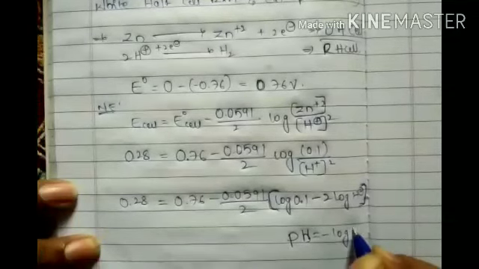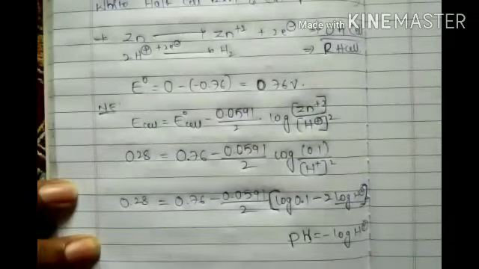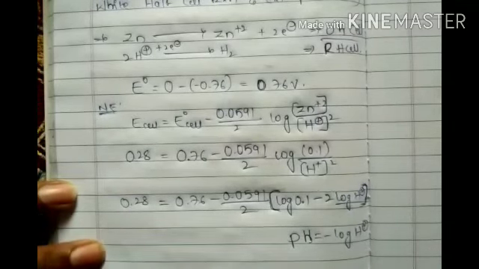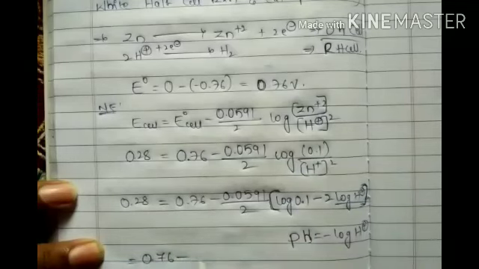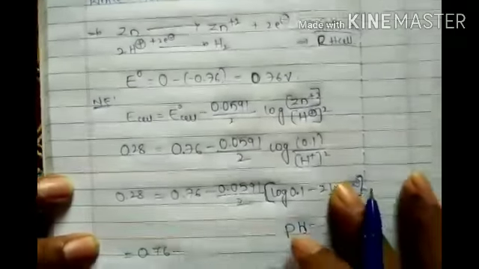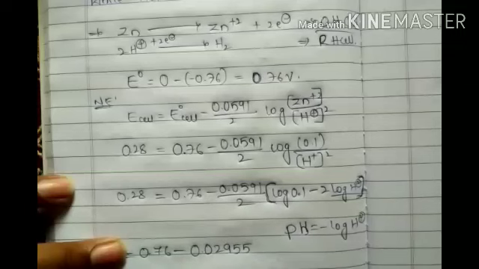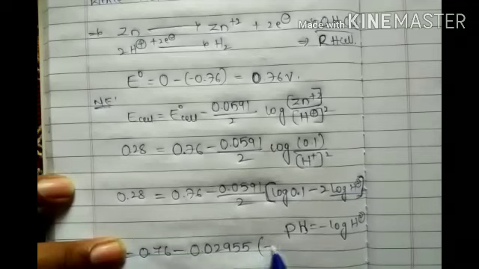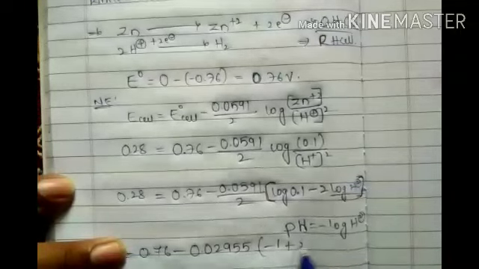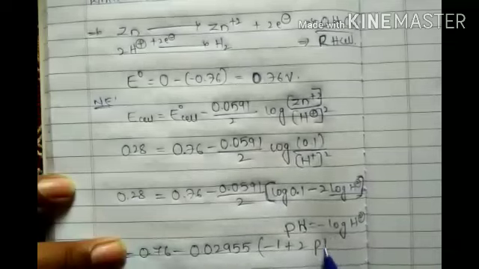Minus log H plus. Okay. Now let's do the calculation. 0.76 minus this one, and this value is coming inside: minus 0.02955 minus log 0.1 value, minus 1, plus 2. This value we are taking as a pH.